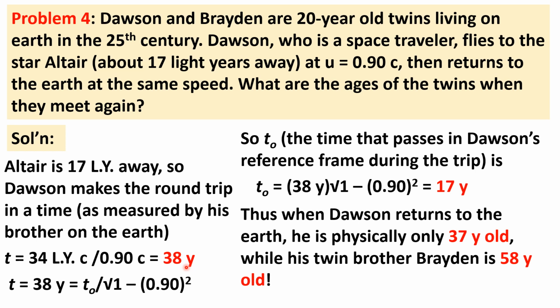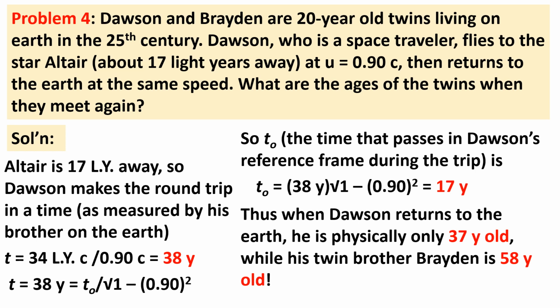When he left 20 years ago, plus 38 years, a total of 58 years. Therefore, Brayden is physically 58 years old, much older than his twin brother Dawson, who went on space travel.